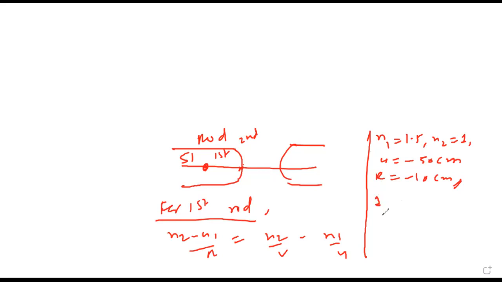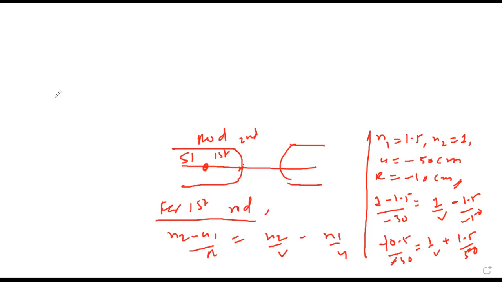n2 is 1, minus 1.5 upon minus 50. Minus minus plus 1.5 upon 50. Sir, is it 10 centimeter?